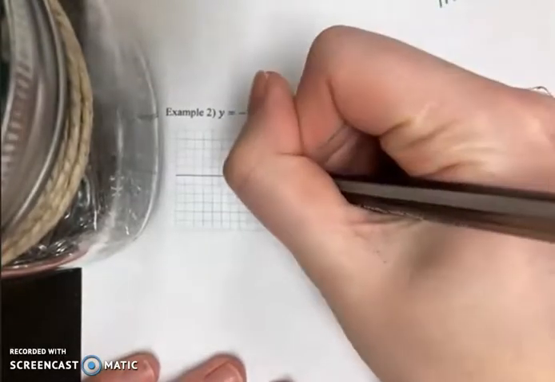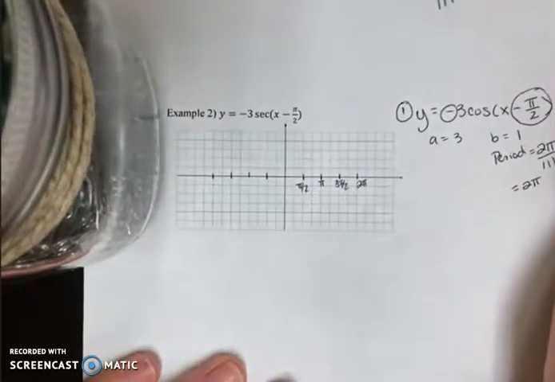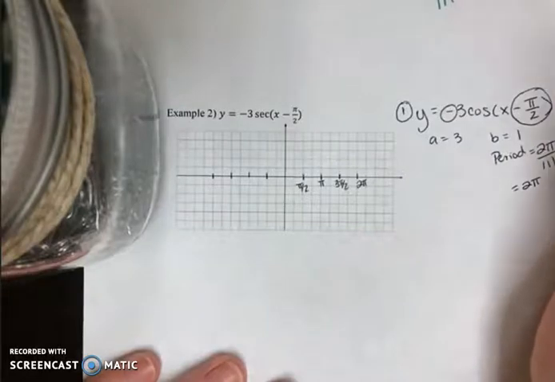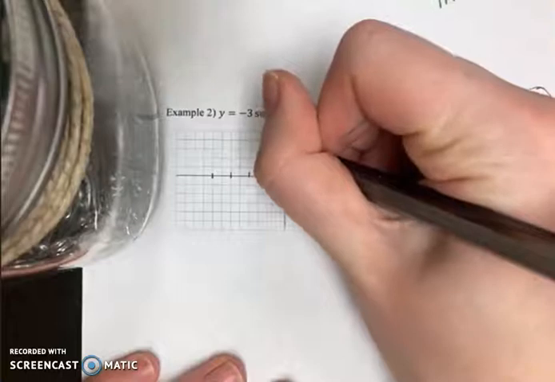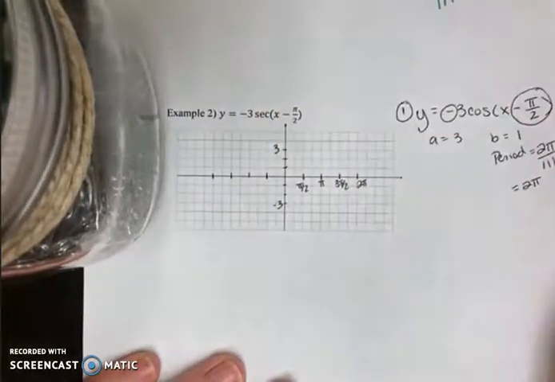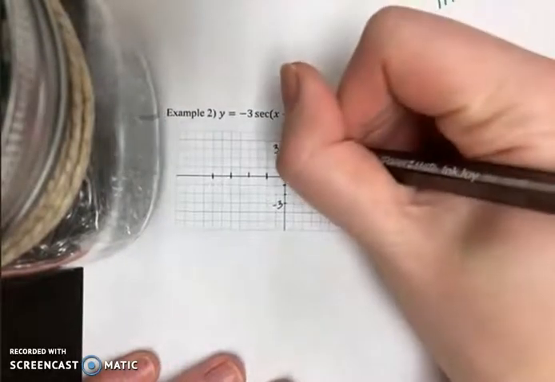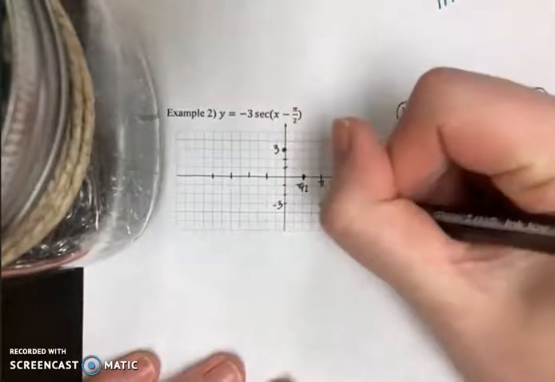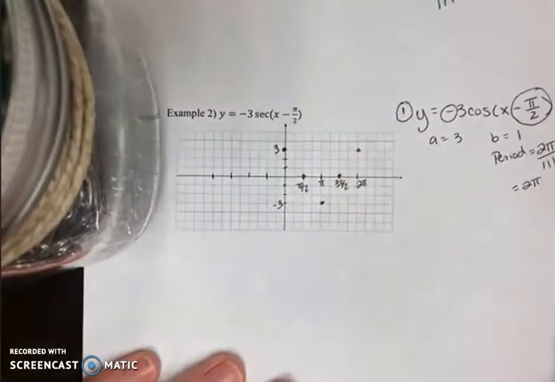I'm also going to put tally marks on the left-hand side because remember we need 2 cycles. And because the amplitude is 3, I'm just going to use a scale of 1. That way everything fits on the graph. Because it's cosine, we know the pattern is max, x-intercept, min, x-intercept, max.